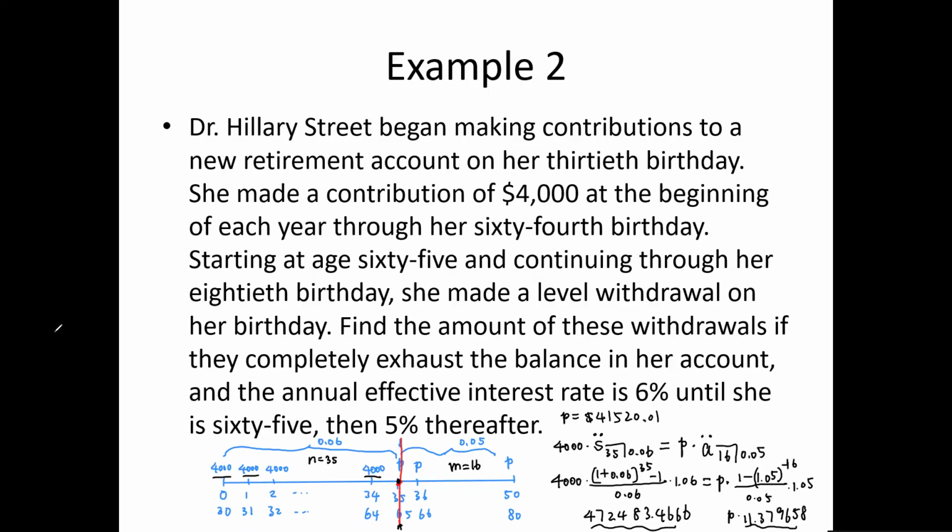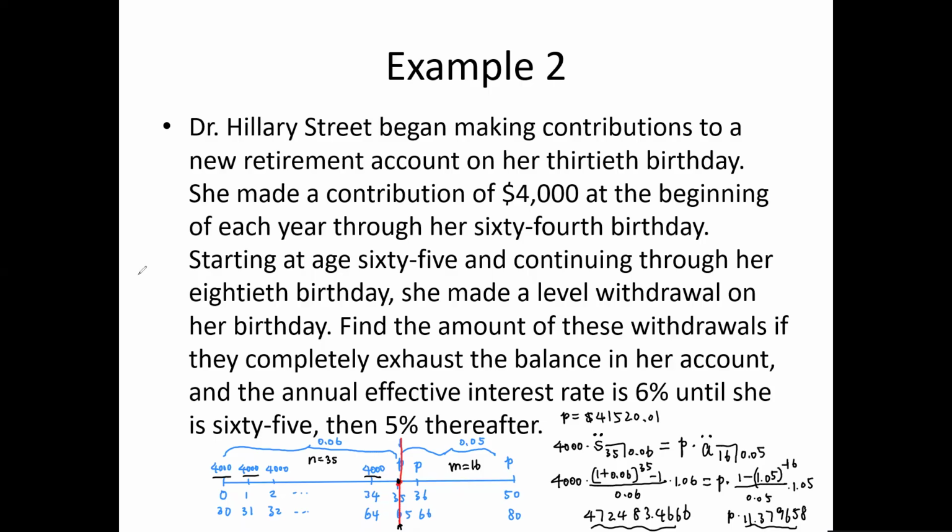So the key thing you need to be aware of is that when the time Hillary was retired, the value for the first annuity is actually future value at that time, and that future value is the present value for the next part of the annuity.